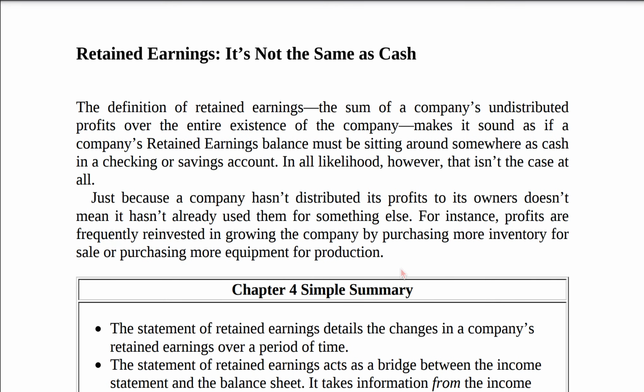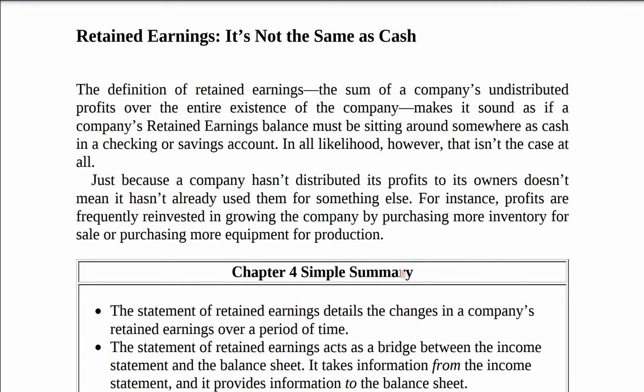Okay, retained earnings is not the same as cash. The definition of retained earnings, the sum of a company's undistributed profit over the entire existence of the company, makes it sound as if a company's retained earnings balance must be sitting around somewhere as cash in a checking or savings account. In all likelihood, however, that isn't the case at all.